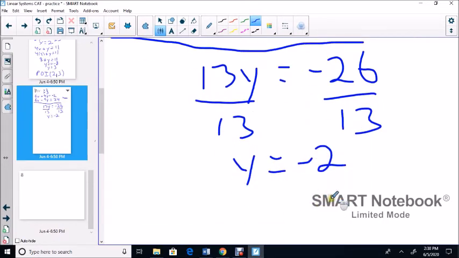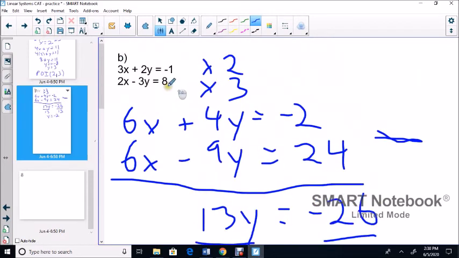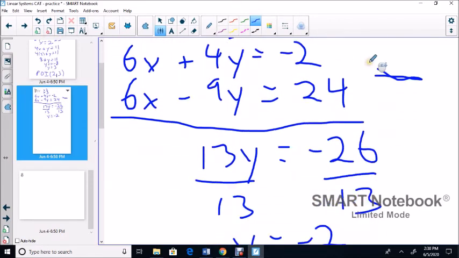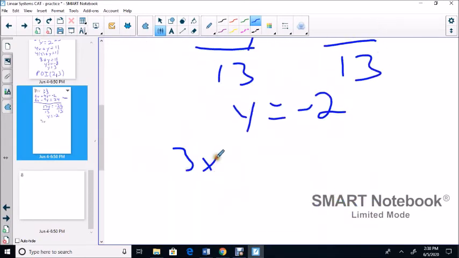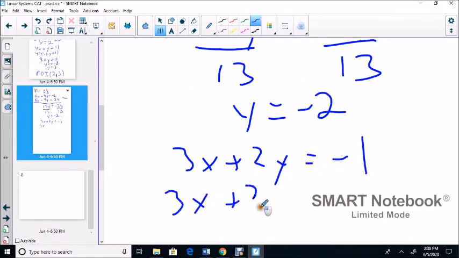Now we've got the y. How are we going to get the x? Well, we're going to sub it into the second equation. So 3x plus 2y is negative 1. So 3x plus 2 times negative 2 is negative 1.